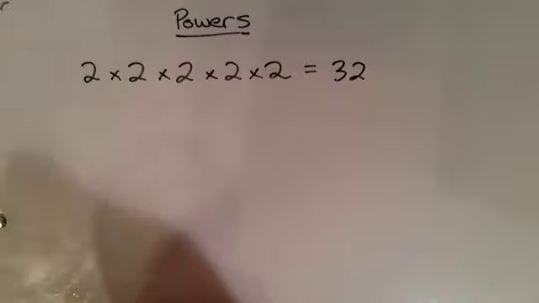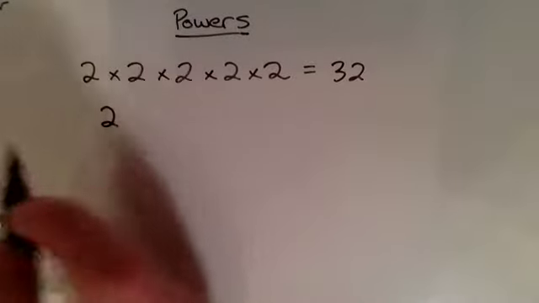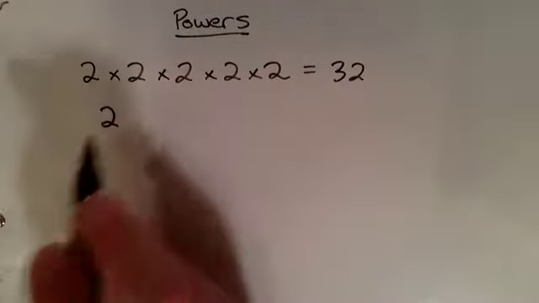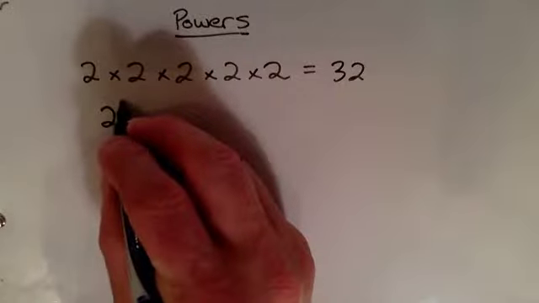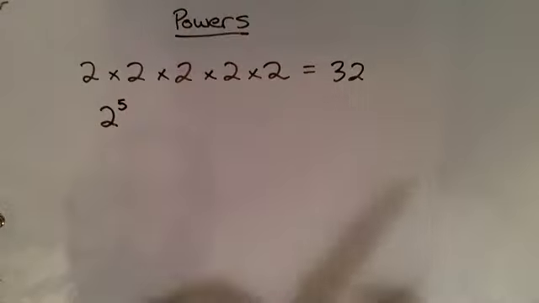However, a quicker and easier way to at least write that is if we say we have these groupings of 2 that we're multiplying by each other, by itself, 5 times. So this is what we call a power, and a power consists of 2 parts.